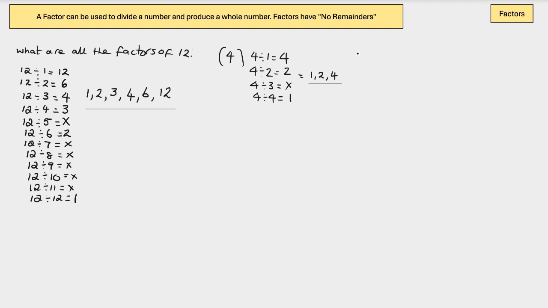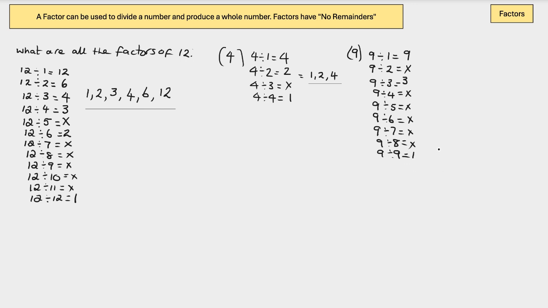Same sort of question. What are all the factors of 9? 9 divided by 1 equals 9. 9 divided by 2 doesn't work. 9 divided by 3 is 3. 9 divided by 4 doesn't work, doesn't go in exactly. 9 divided by 5 does not go in exactly. 9 divided by 6 doesn't. 9 divided by 7 does not. 9 divided by 8 does not. 9 divided by itself equals 1.